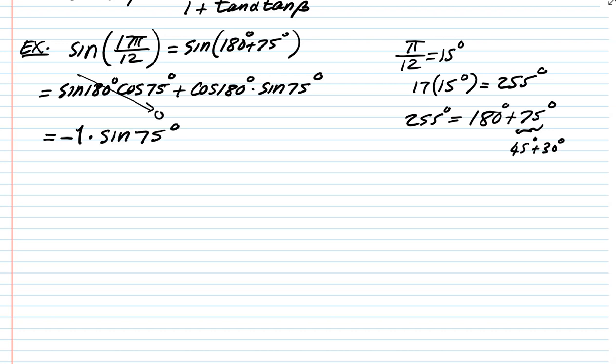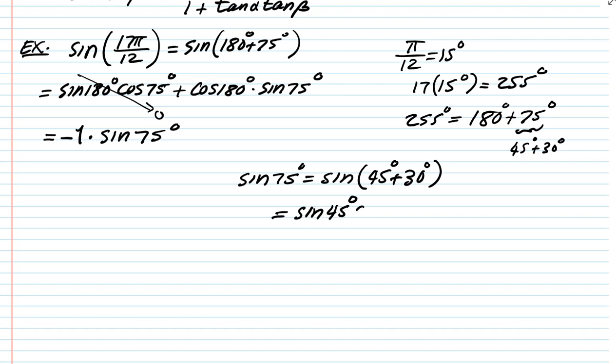Now I need to handle sine of 75 degrees. So let's do that here. Sine of 75 degrees, think of it as sine of 45 plus 30. Sine alpha plus beta is going to be sine of the first, cosine of the second, plus cosine of the first, sine of the second.